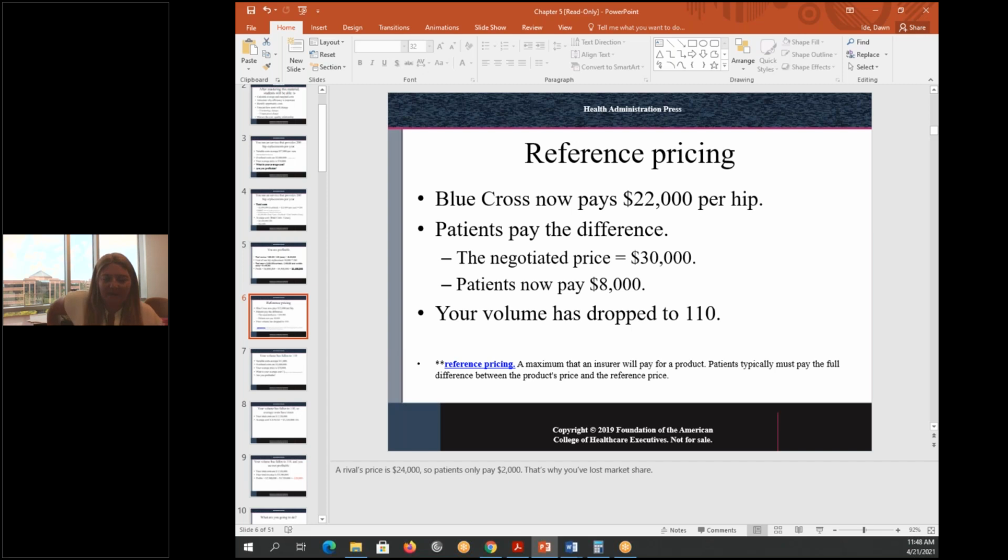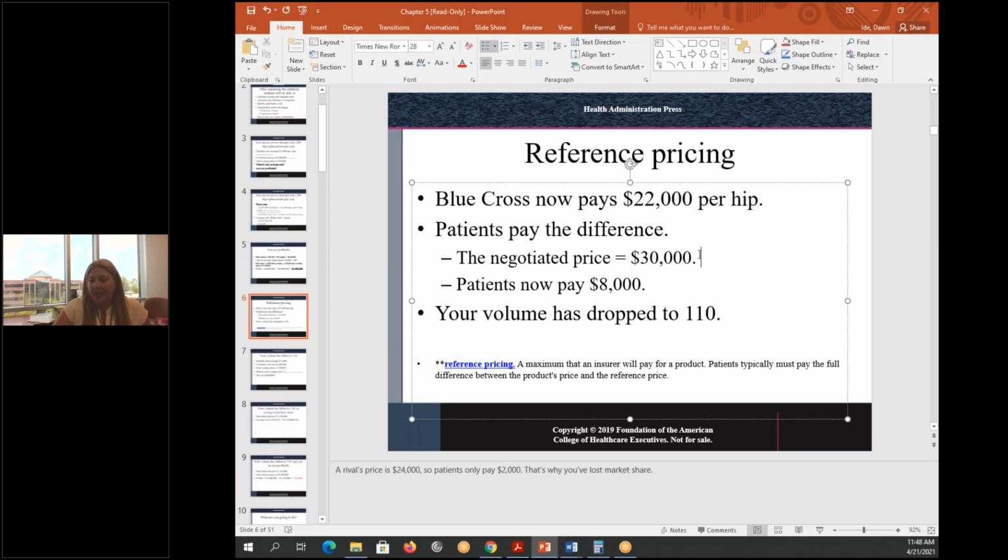So why does that matter? Well, when you're talking about reference pricing, this situation is kind of working the same way. Blue Cross pays $22,000 per hip. The negotiated price is $30,000. So Blue Cross is only going to pay 22 grand per hip. That's it. That's all they're paying. They're not paying any more. But the physician or the hospital system or whatever you want to call it charges $30,000 per hip.